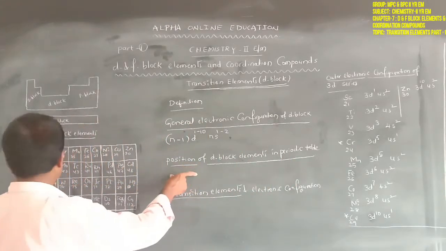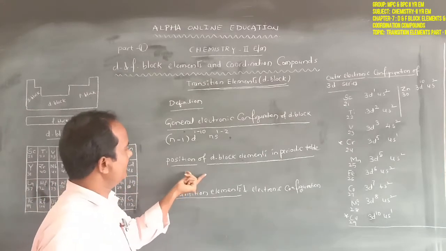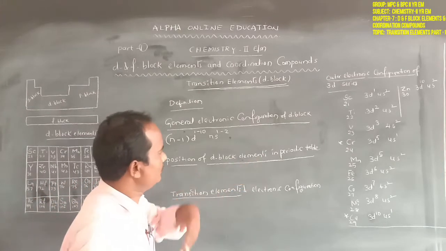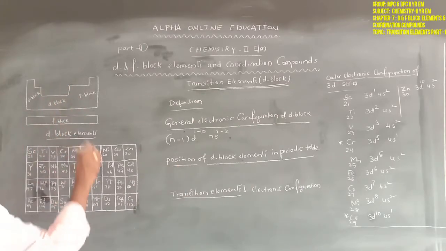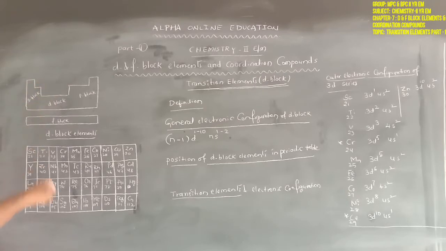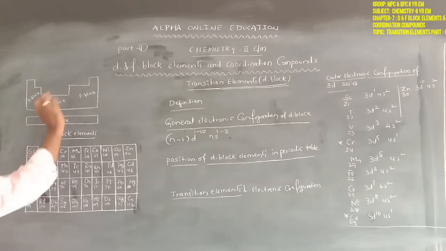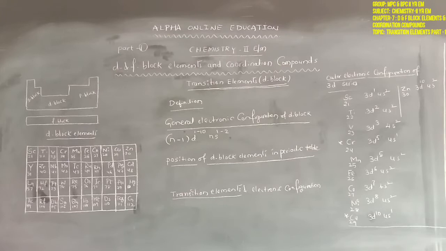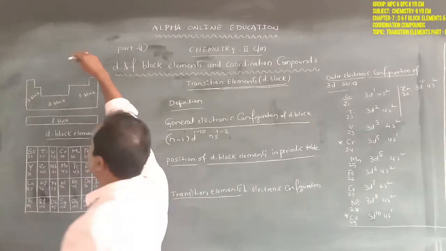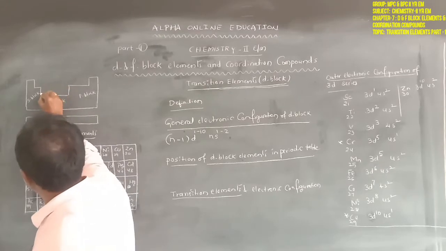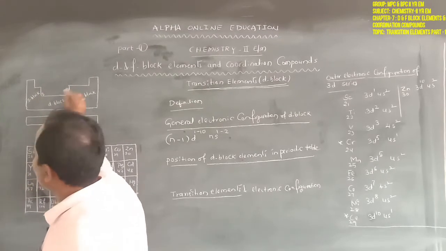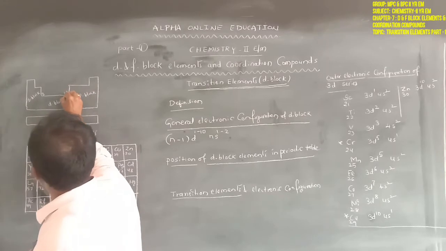Now the position of d block elements in the periodic table. The periodic table has 7 periods and 18 groups. The d block elements start from the third group and go to the 12th group.